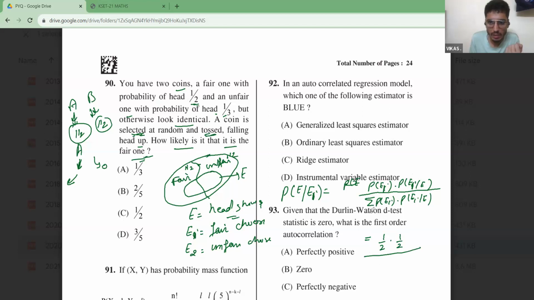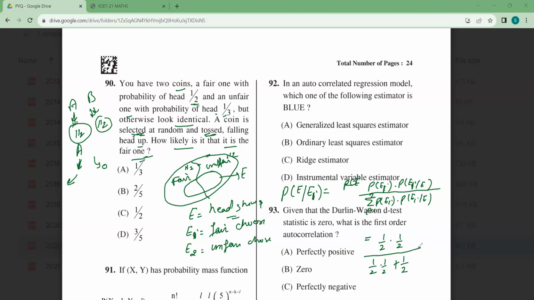So this i is going from 1 to 2. The probability of E1 is 1 by 2, times 1 by 2, plus, when i equals 2, the probability of E2 is again 1 by 2, and if head has shown up, the probability that it came from E2 is 1 by 3.